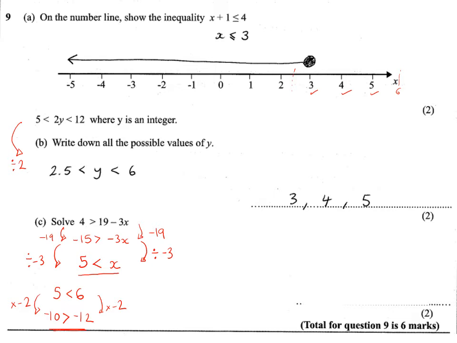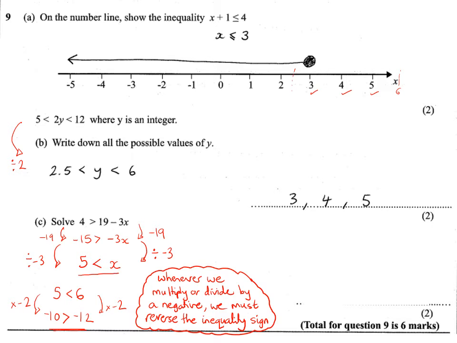So whenever we are multiplying or dividing by a negative, we need to reverse the sign. And I did see cases where in your work you had managed that, so well done if you'd dealt with that negative correctly.